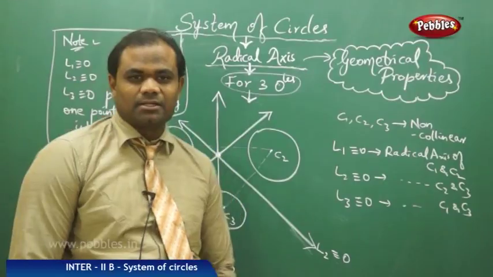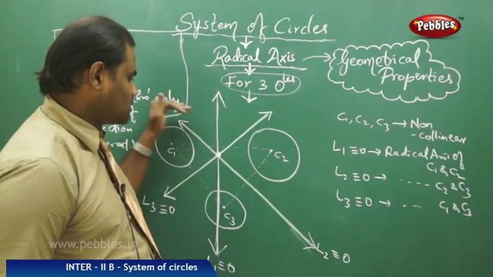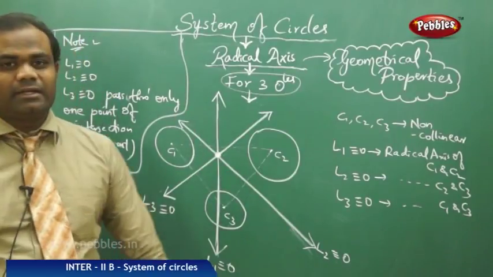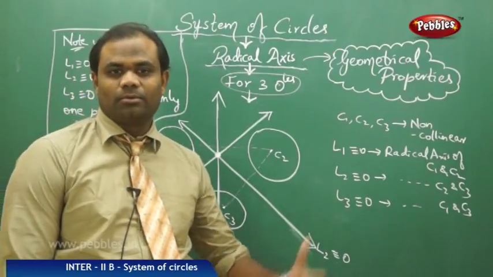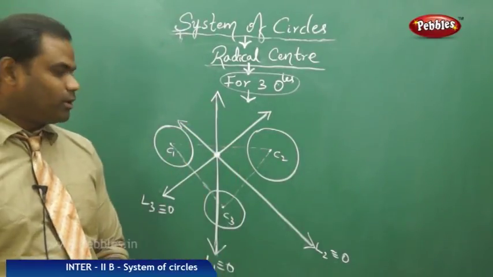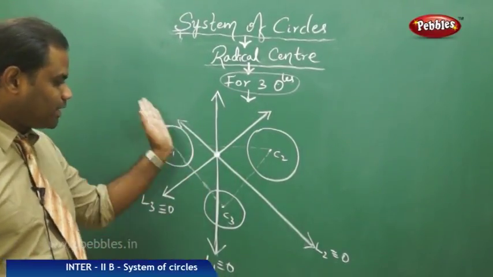The radical axes of each pair of the circles pass through one point, which is the geometrical property of the radical axis. The radical center is the point of concurrence of all three radical axes.